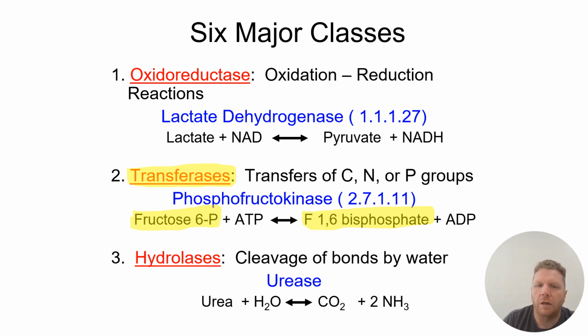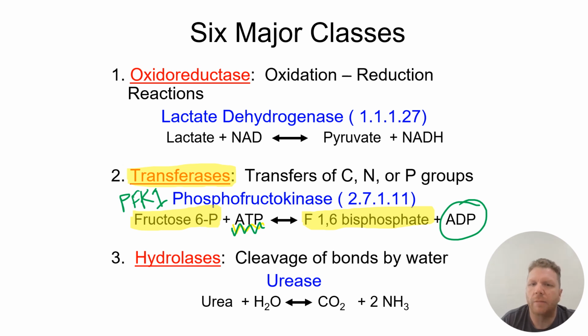So what we have here is ATP transferring a phosphate group onto fructose 6-phosphate to make fructose 1,6-bisphosphate and ADP that's left behind. Now, phosphofructokinase, or PFK1, is the enzyme that catalyzes this reaction.